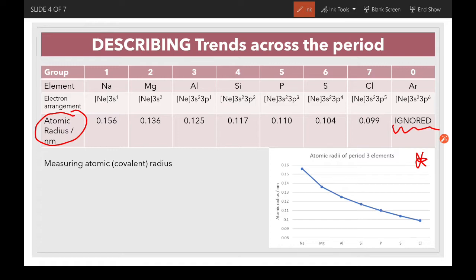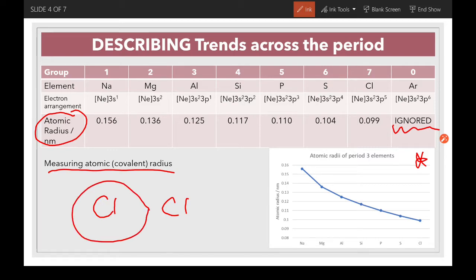So down here we've got measuring covalent radius. Say we've got chlorine, because we know it forms bonds. I've got 2 chlorine atoms, and they will overlap because they share electrons and form a molecule.